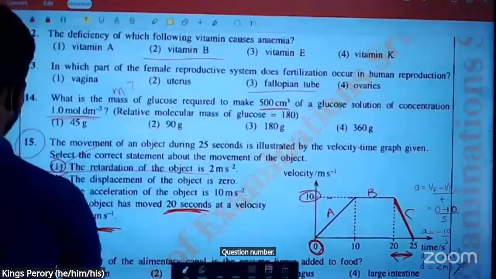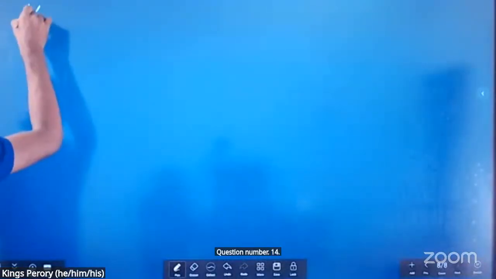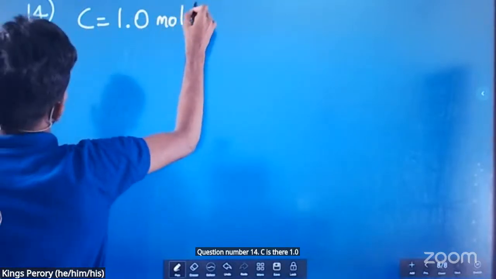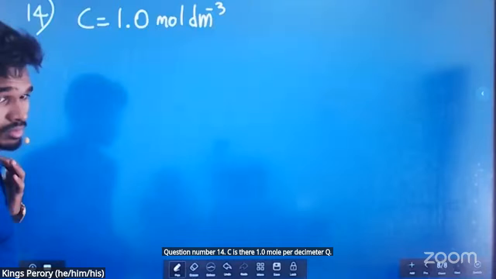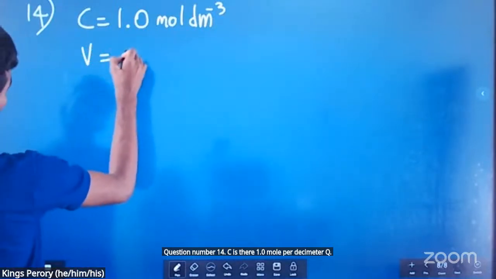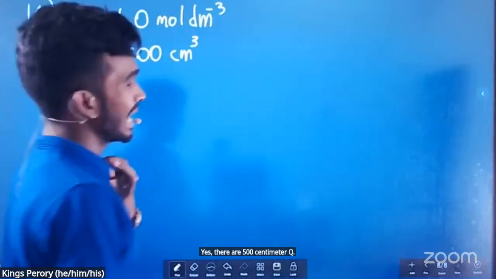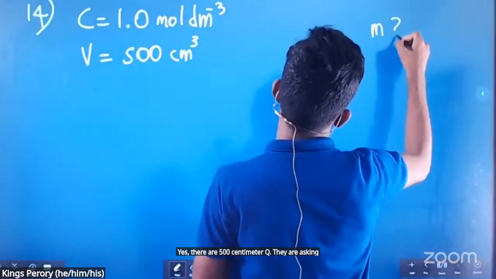That's question number 14. C is there, 1.0 mole per decimeter cube. V is there, 500 centimeter cube. They are asking you the mass.